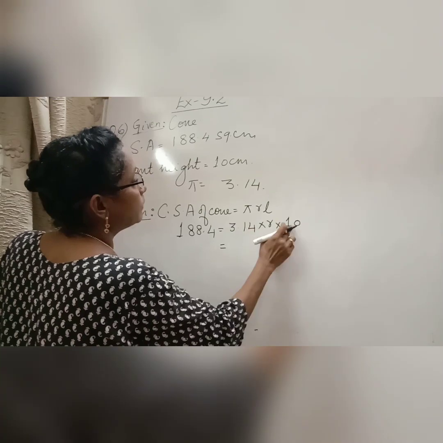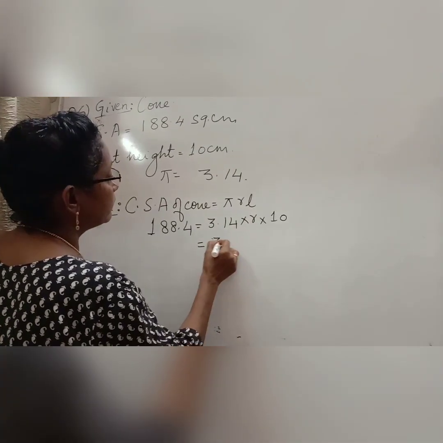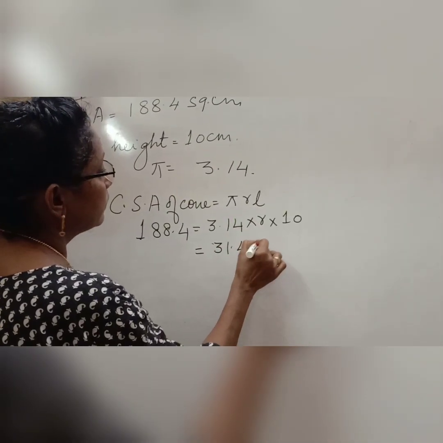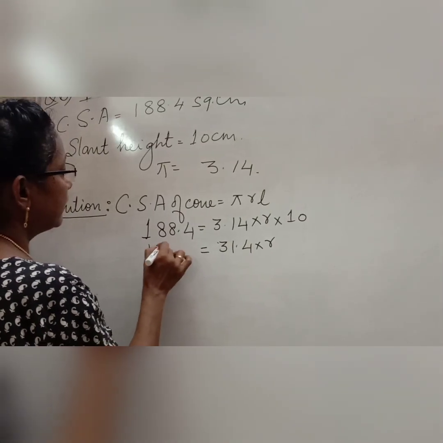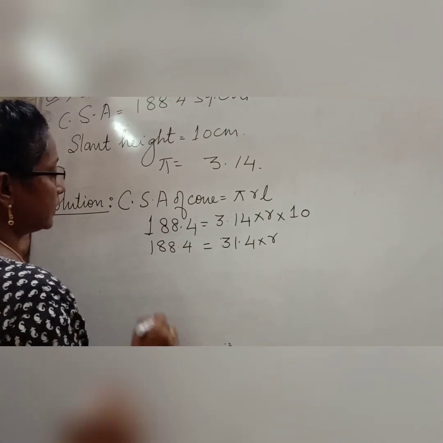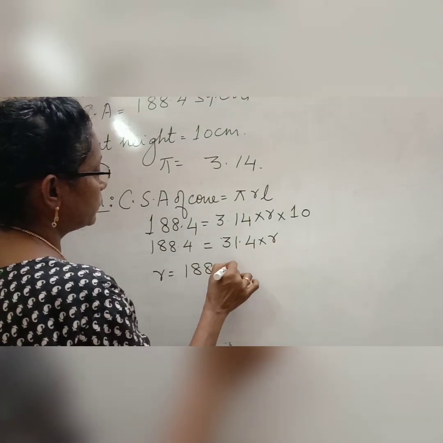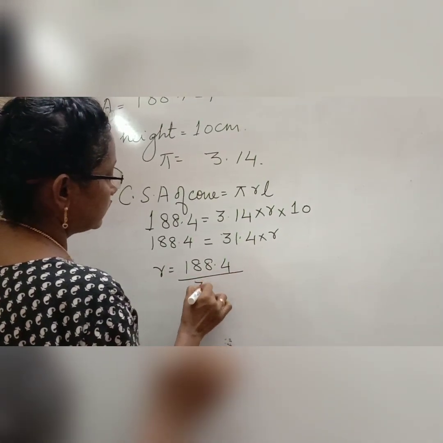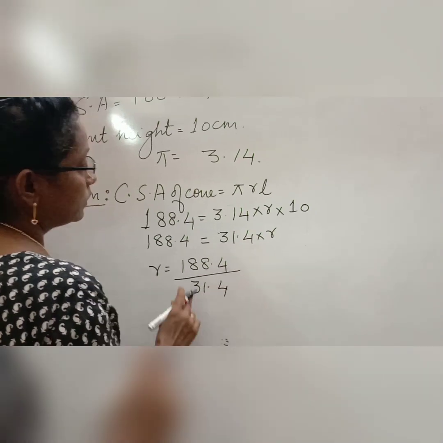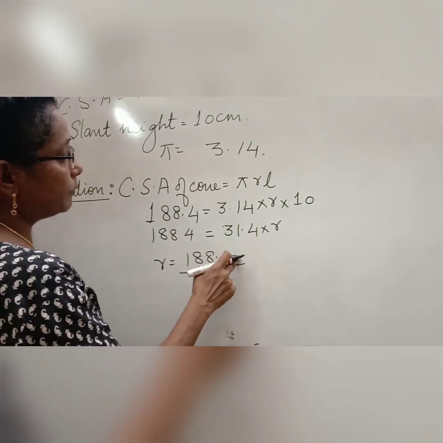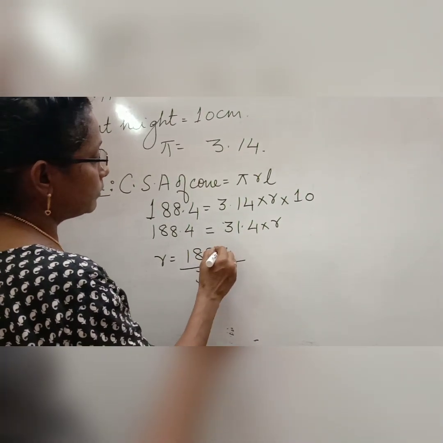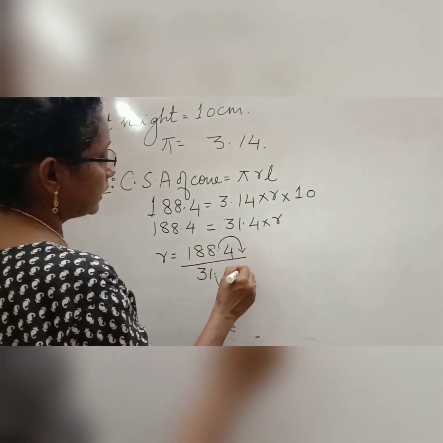So multiplying by 10 we have 31.4 into r, so 188.4 on the left side. r is equal to 188.4 upon 31.4. So here after decimal one number, here also after decimal one number, we will take it off.